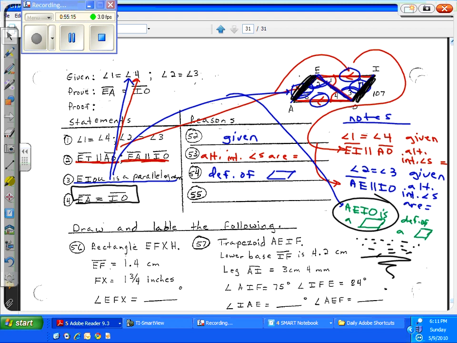If it's a parallelogram, then we have 6 properties. Both pairs of opposite sides are parallel. Both pairs of opposite sides are equal. That's it. And so that's our reason. Both pairs, and I'm abbreviating, of opposite sides are equal.